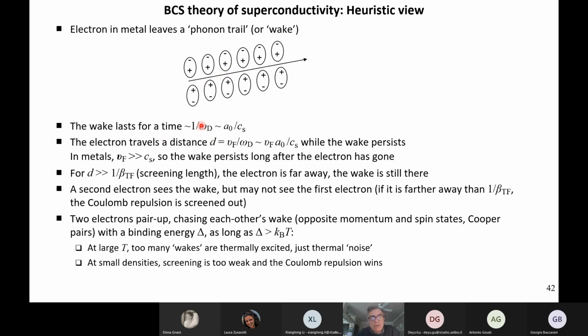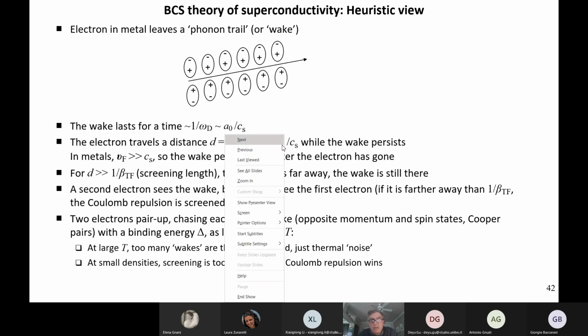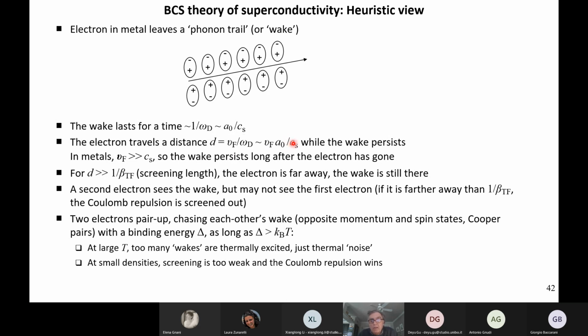The electron travels in this time, 1 over omega_D, a distance which is roughly the Fermi velocity. We're dealing with a metal, so the electrons we're interested in move with the Fermi velocity multiplied by this time, so divided by this frequency. So while the wake persists, the electron has moved away by this distance, which is the Fermi velocity times the size of the unit cell divided by the sound velocity.